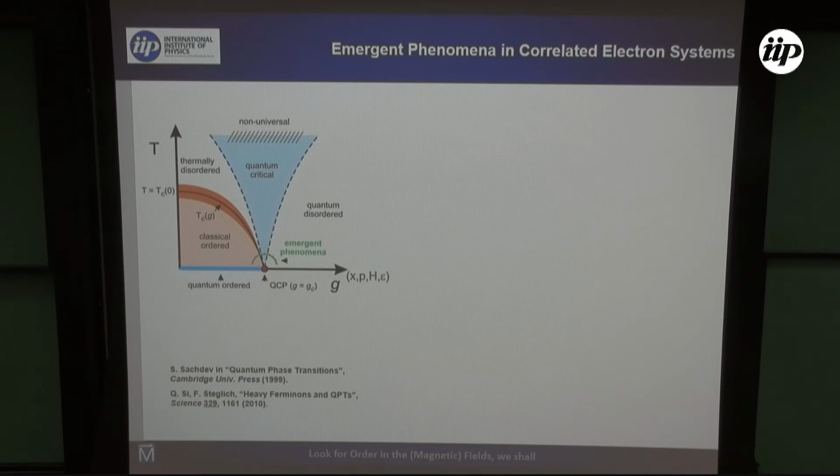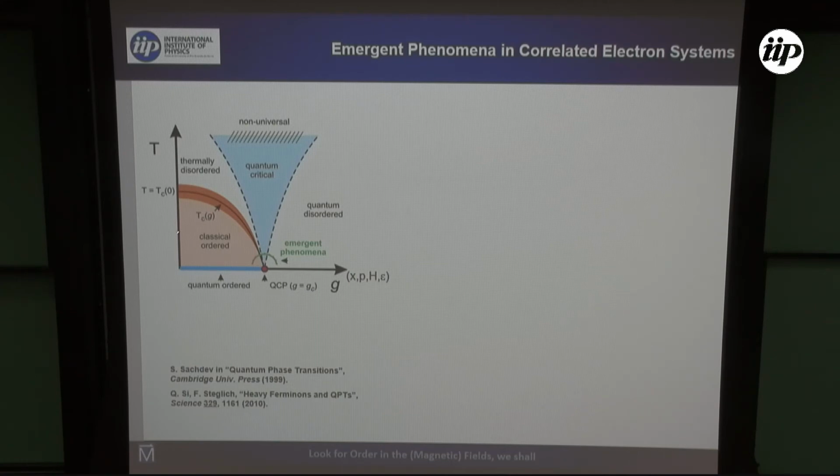When you suppress this transition to zero temperature, the temperature is not important anymore, and now quantum fluctuations dominate the physics. And then emergent phenomena is observed when, let's say, a secondary order parameter finds the right conditions to develop in the material. And this secondary order parameter can be, for instance, superconductivity.